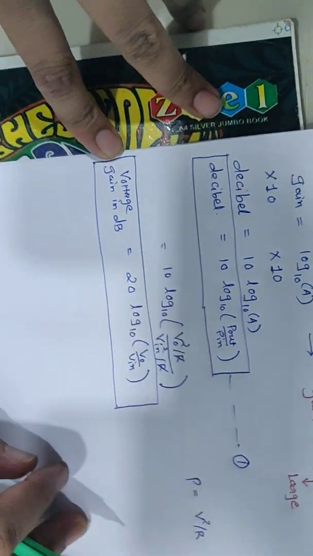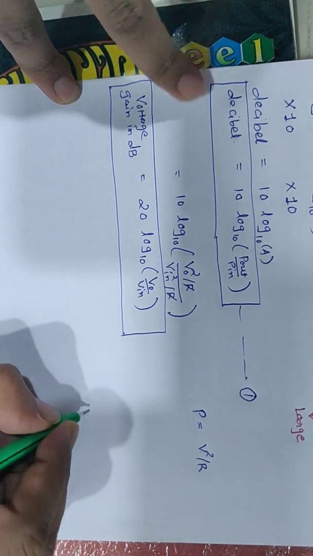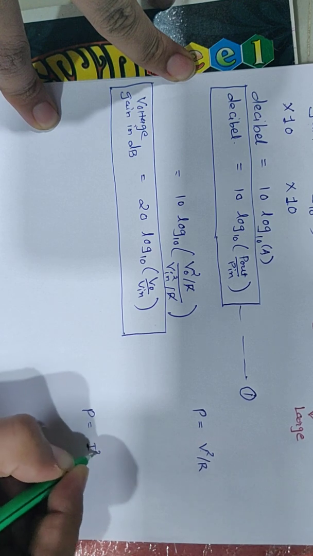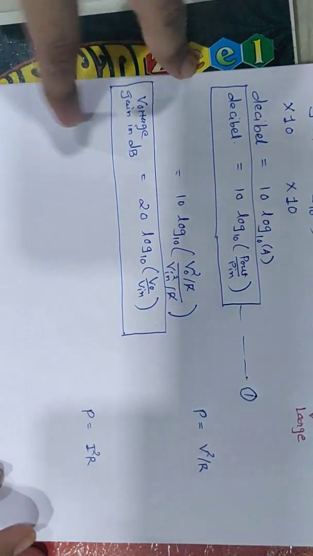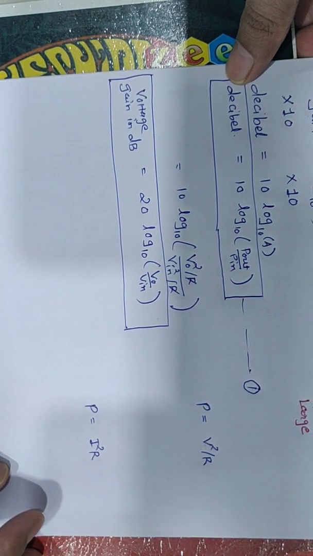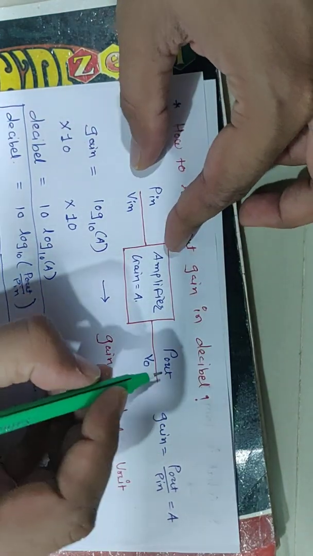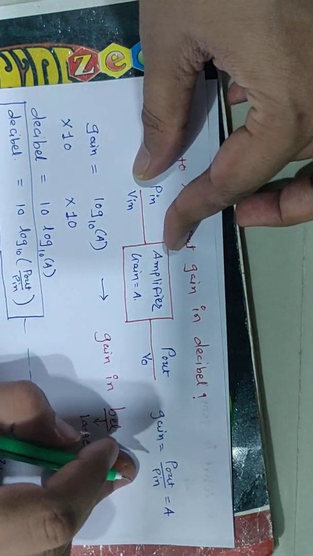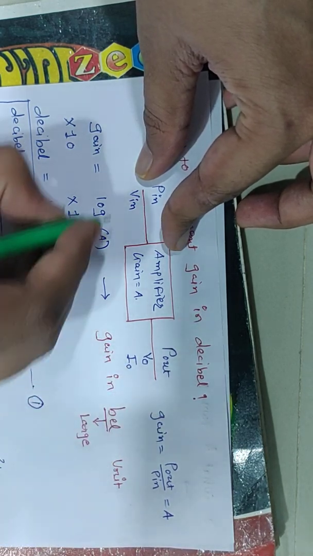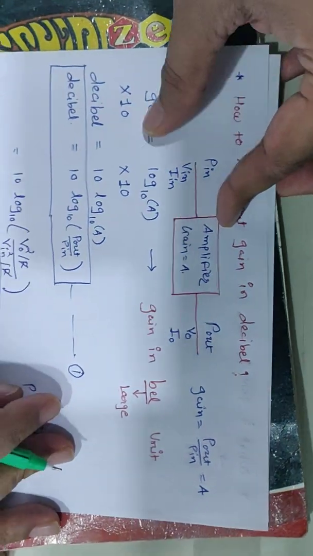Okay, now in a similar way, P is equal to I square R, that means P can also be represented as I square R. Now if we consider gain in terms of output current upon input current, then consider my output current is I out, input current is I in.